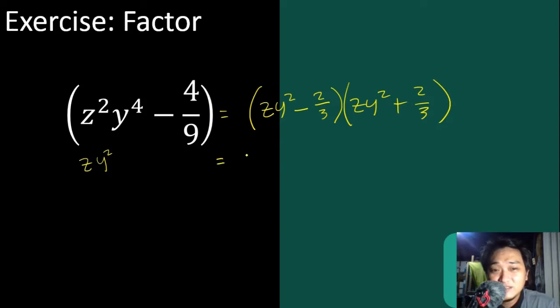So ang mangyayari niyan, we divide the exponent 2 by 2, that will become z, kasi magiging 1 na lang yan. 2 divided by 2 is 1, y, and then 4 divided by 2 is 2, and then square natin sa labas.